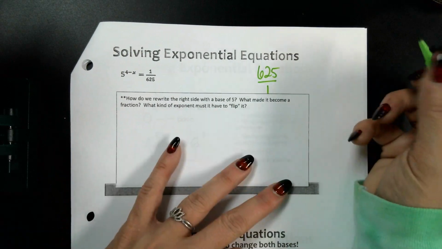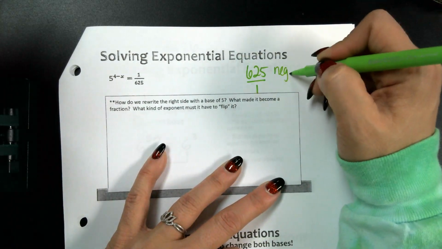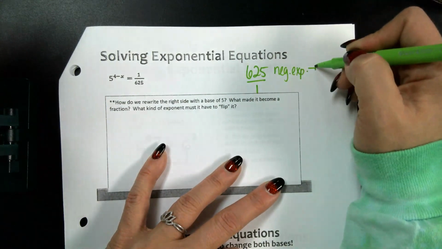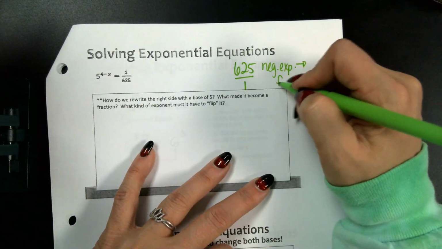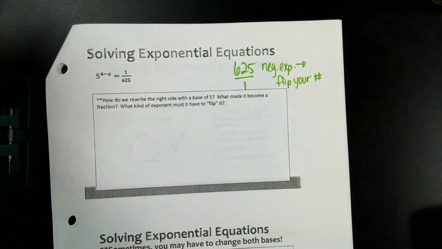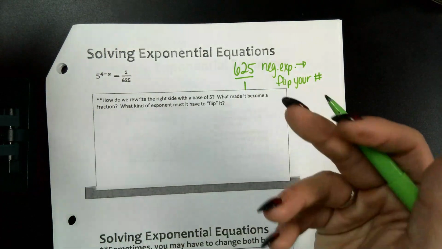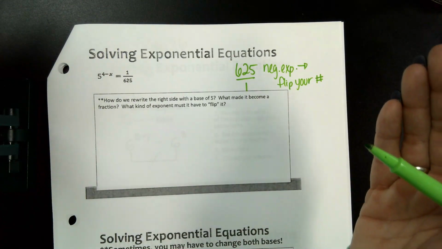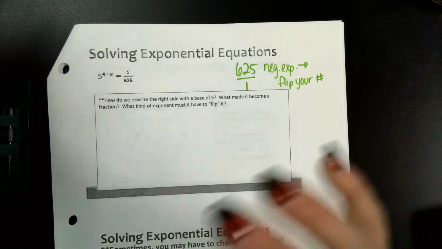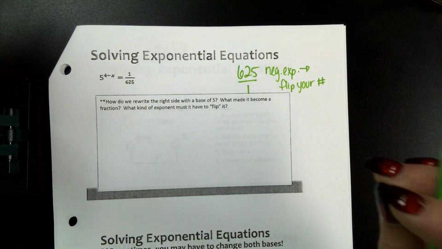Well, in math, if you have negative exponents, you actually flip your number. That's all a negative exponent means. People used to think that if they had a negative exponent, their answer was going to be a negative answer. And I'm like, no, that negative literally just means reciprocal.